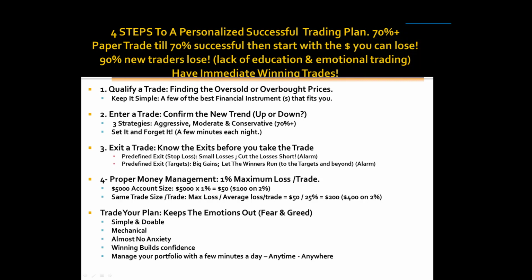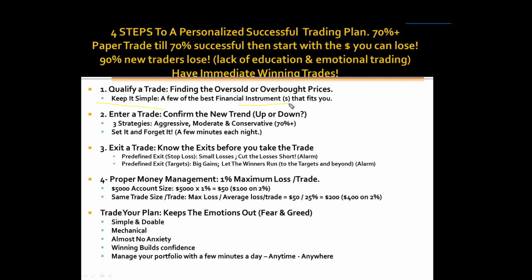So let's look at number one. Number one is we want to qualify a trade. First, of course, you need to decide what financial instruments fit you, fit your budget, fit your character. There are thousands of different stocks. We're going to narrow them to a handful of stocks. There are different ways of trading: just buy the stock or buy the option on the stock.